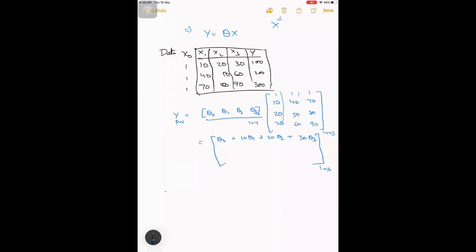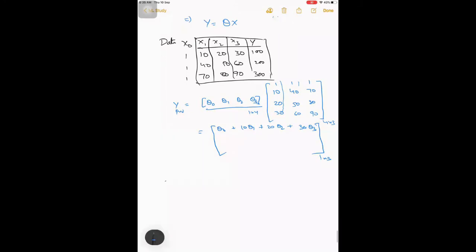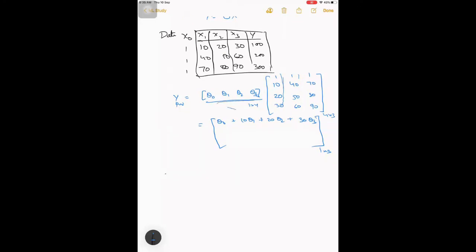Let me write it like this. Actually, you'll be getting the results side by side, so let's put a transpose at this level.